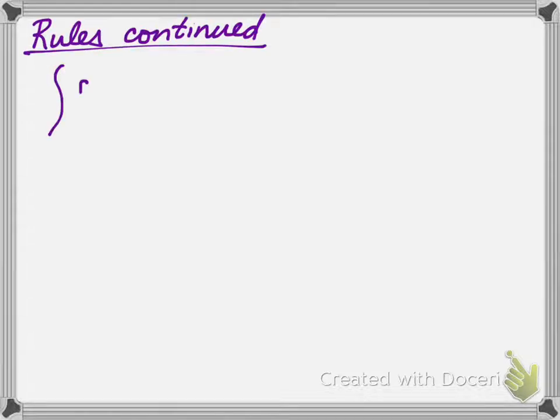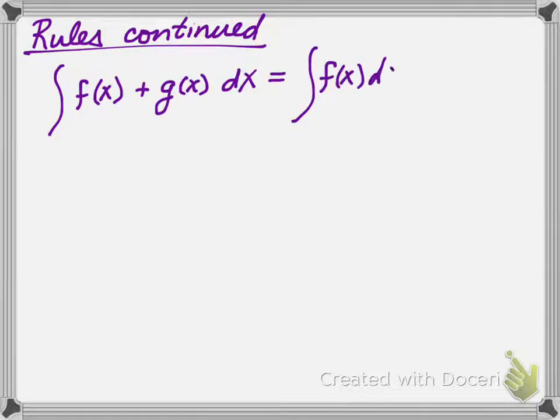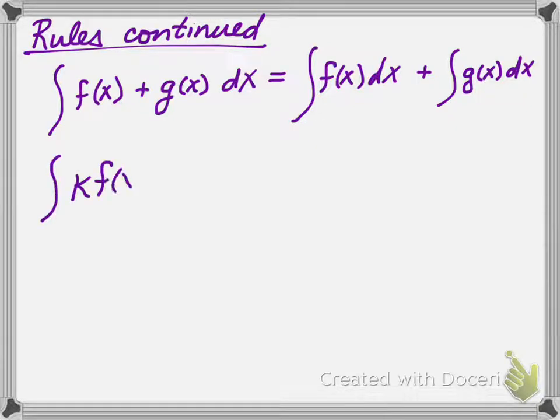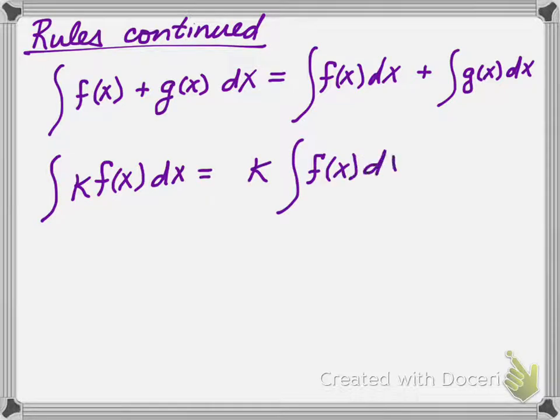Continuing on with our rules, if we're finding the antiderivative of 2 functions added together, it's no surprise that we could just find the antiderivatives of each term individually and then add those together. The antiderivative of a constant times a function is the same thing as factoring out that constant first and then taking the antiderivative of f of x.